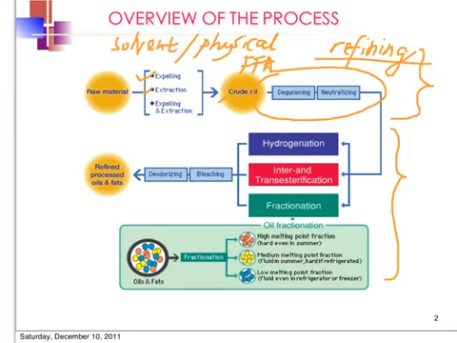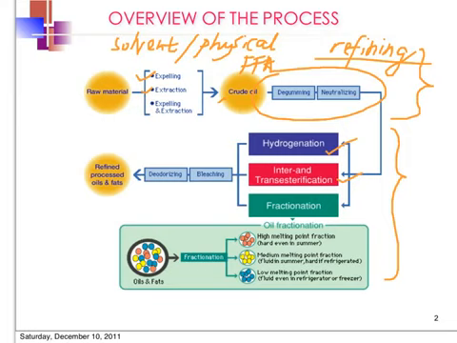Some of these modification processes are, for example, hydrogenation. This is a very widely used process in the industry to increase the melting point and solid fat content of the fat. So usually we use this process to produce a product like margarine.